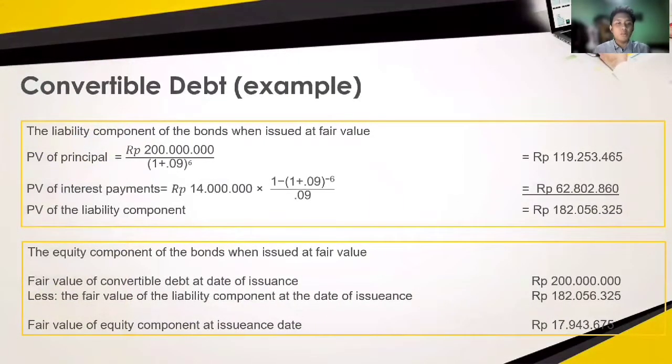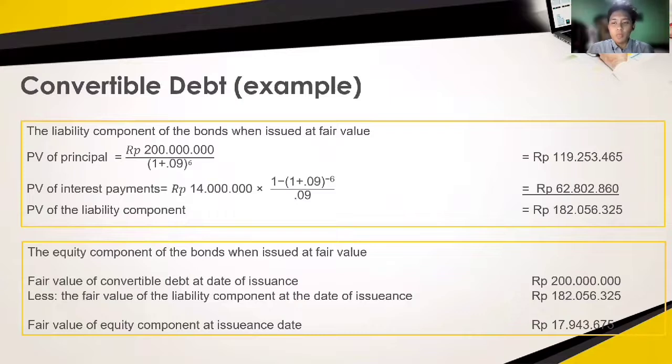For the liability component of the bond when issued at fair value, we have to find the present value of the liability component. It is obtained from the present value of principal plus the present value of interest payment. 200,000 million rupiah is from convertible bonds times par value.